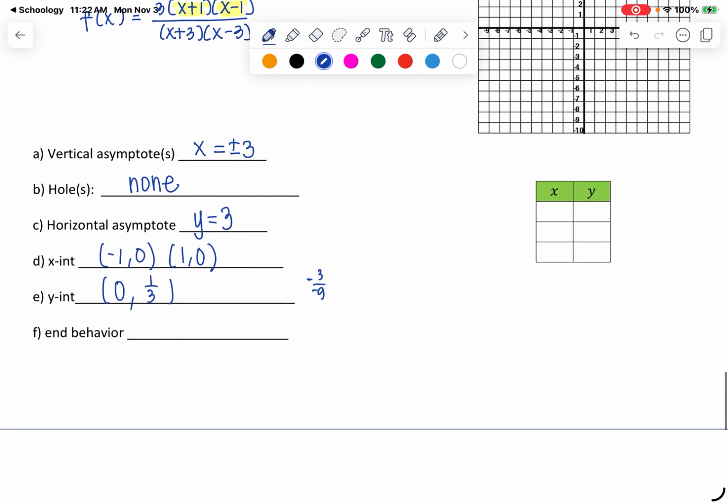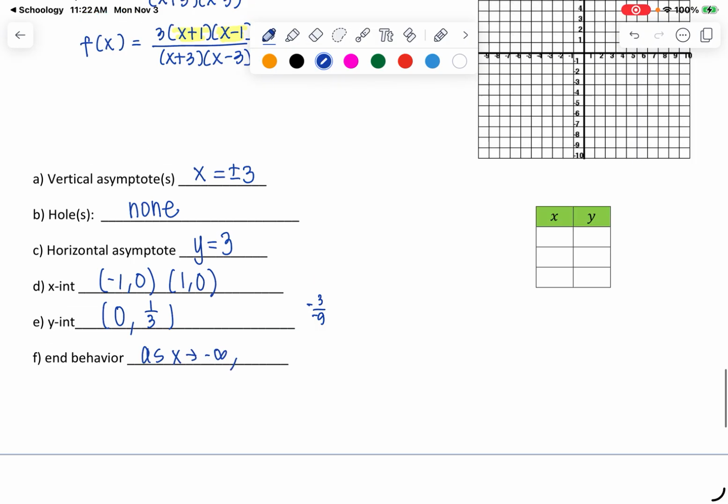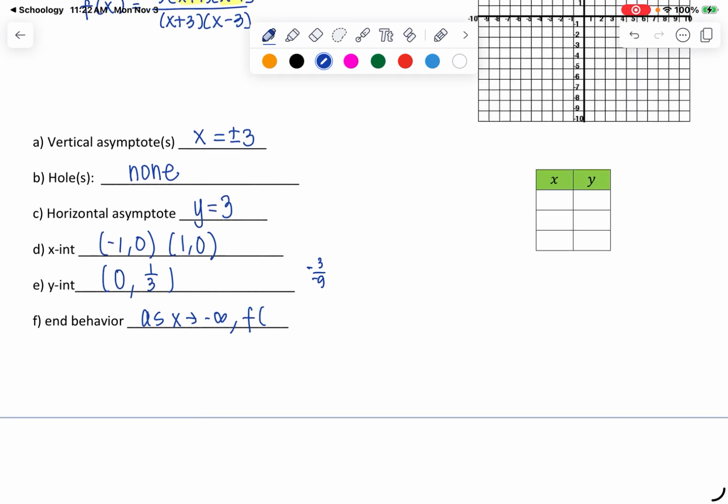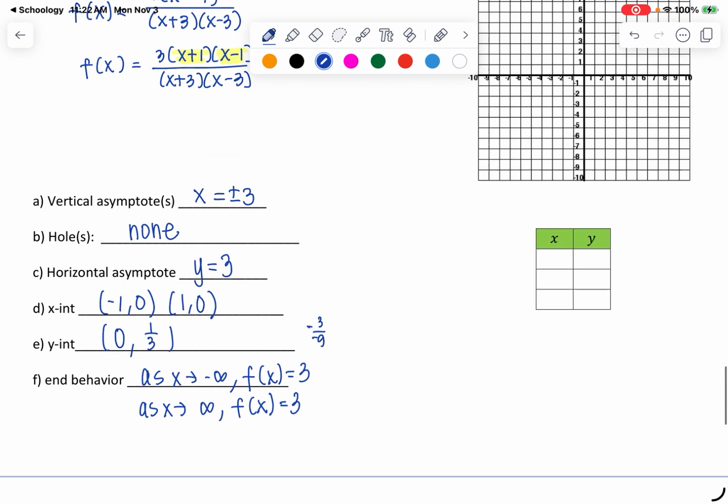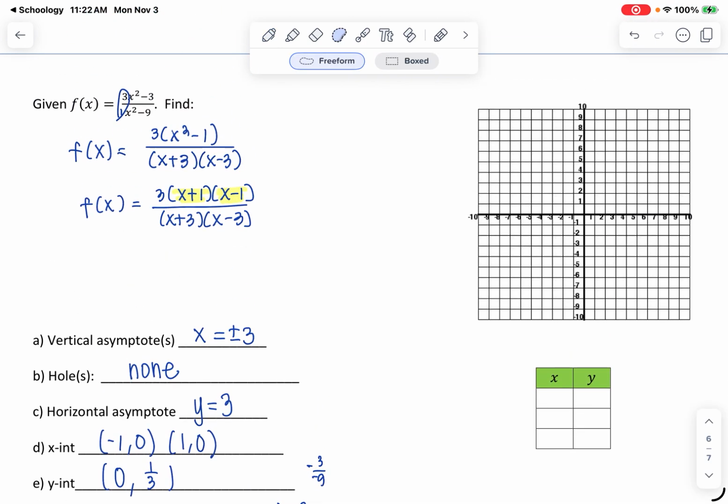And then your end behavior, you are following as x approaches negative infinity, does f of x again? Yeah, f of x approaches 3. And as x approaches positive infinity, f of x approaches 3. I'm going to paste some asymptotes here so I can move them.